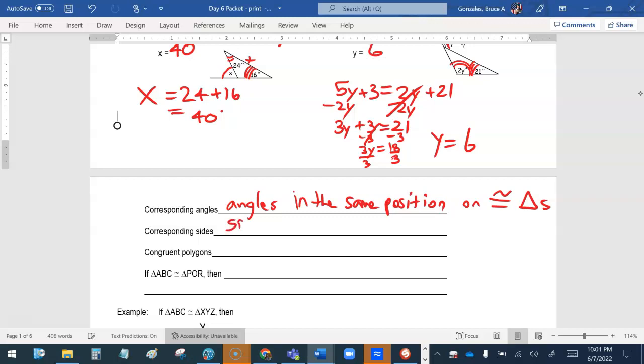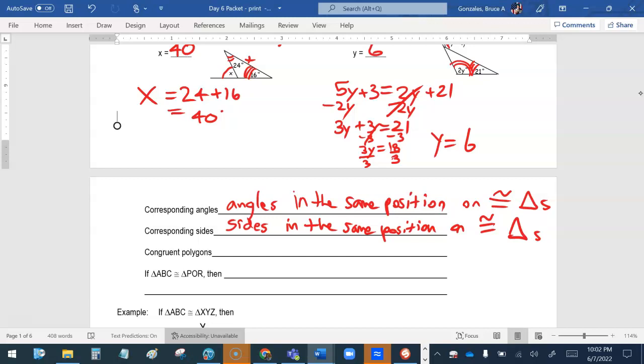Corresponding sides are sides in the same position on congruent triangles.